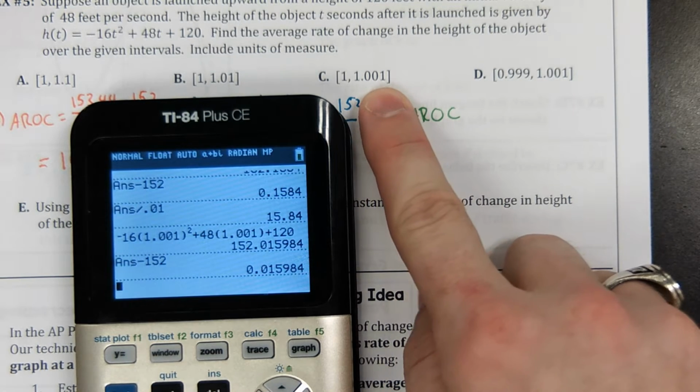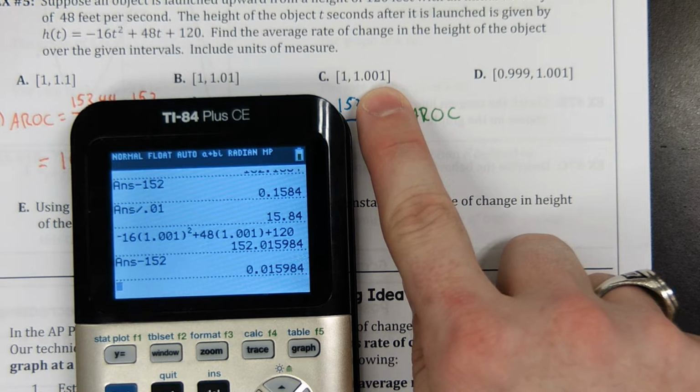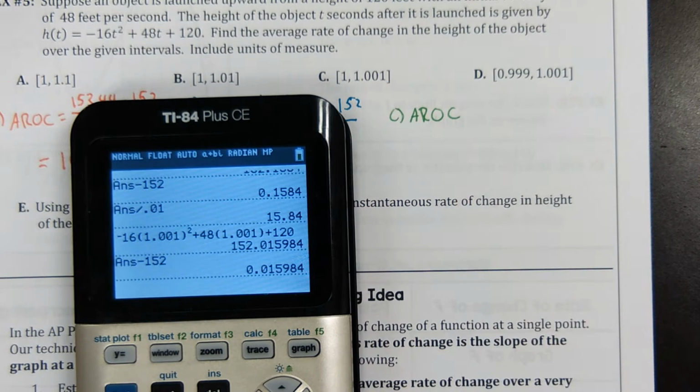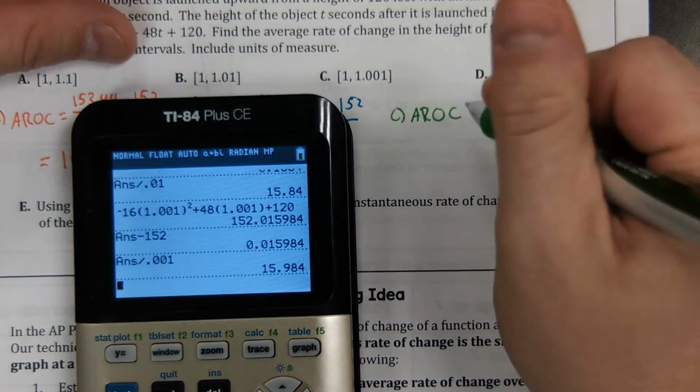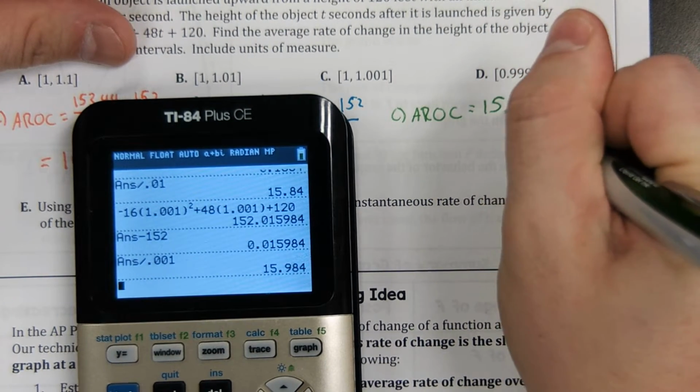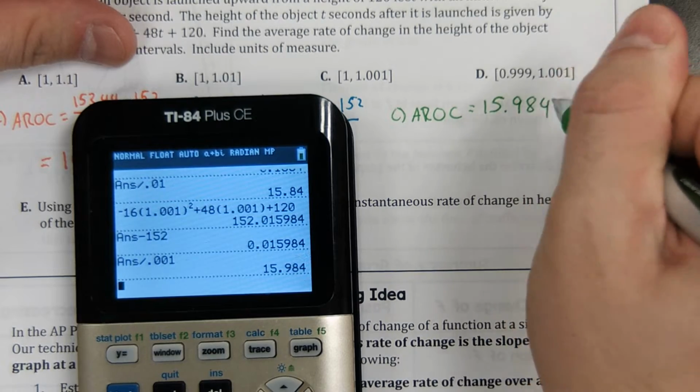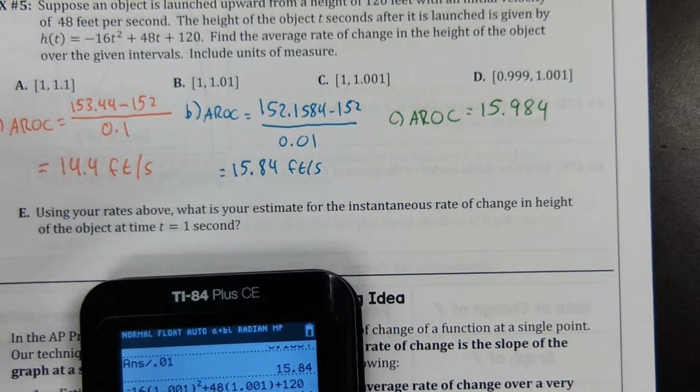And this time when I divide, it's not 0.01, it's 0.001. That gives 15.984. What does it look like we're getting close to for our average rate of change? Looks like we're getting pretty close to 16, doesn't it?